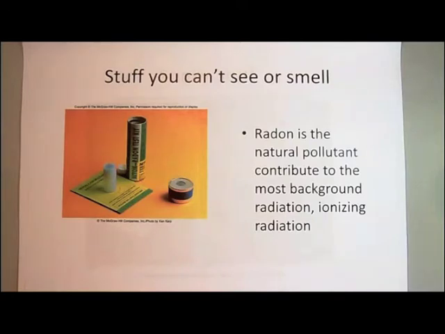Remember, radon is a decay product in the uranium decay series, and it contributes to most of the background radiation that we're exposed to in the world, the ionizing radiation, and that can be found inside your house. If you live in a region where you have a basement, basements are dug into where there's rocks, and rocks contain uranium. And over time, as the uranium decays, there is always a chance that radon will be present. And in your home, it can build up.